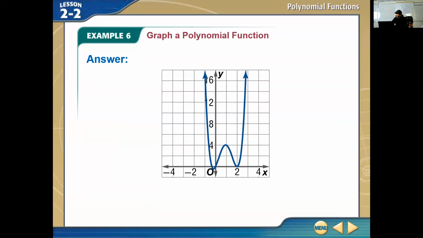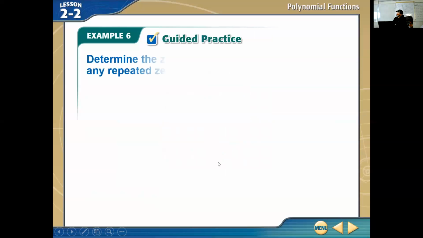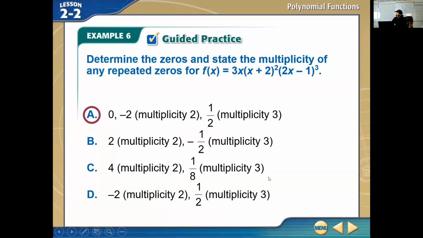If it has even multiplicity, it comes down, touches, and goes back up, with no change of signs. If it has odd multiplicity, it is going to cross. So here, this 1/2, it's going to be a straight cross, and f of x is going to cross the x-intercept. I just have 3 minutes, so I don't have enough time to go over it.